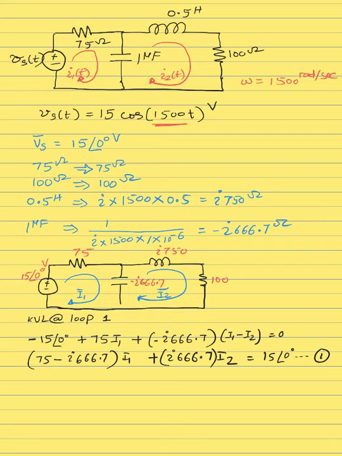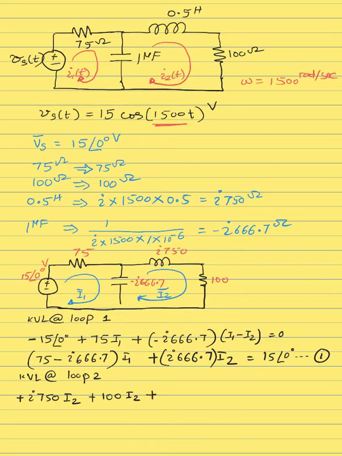Now the KVL for the second loop. For the second loop, again, you can start from any component. I'm starting from the 750 ohms, and the only current is I2, and that's a plus in here. The next is 100 ohms, where the only current flowing is I2 from top to bottom.